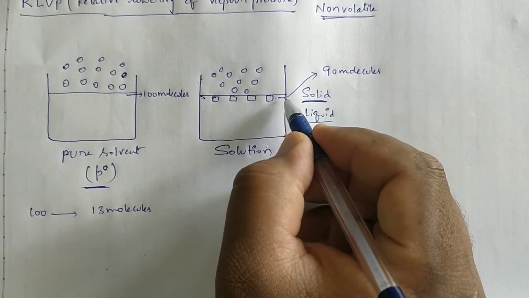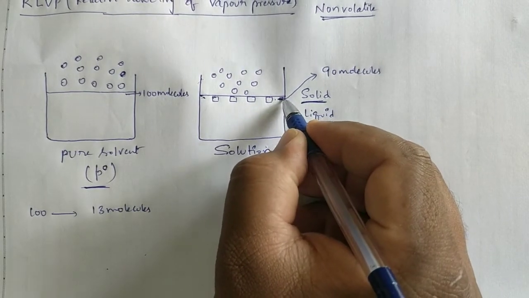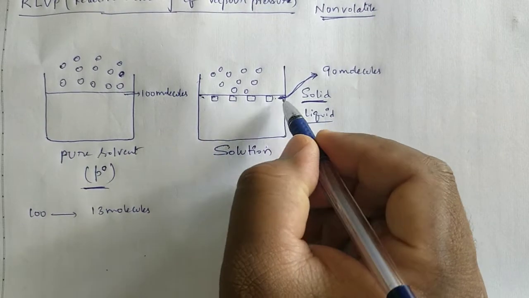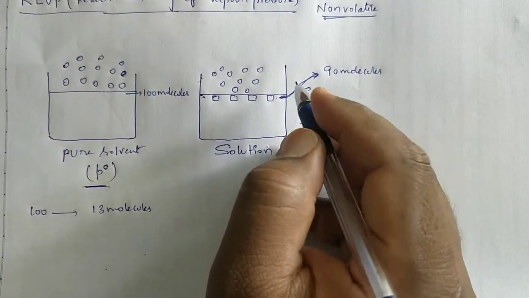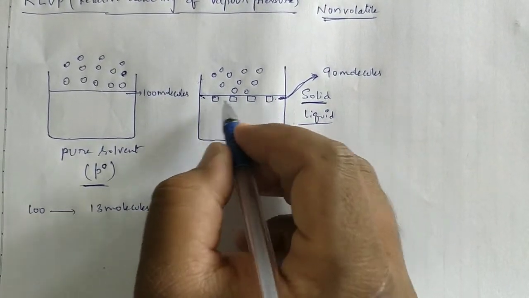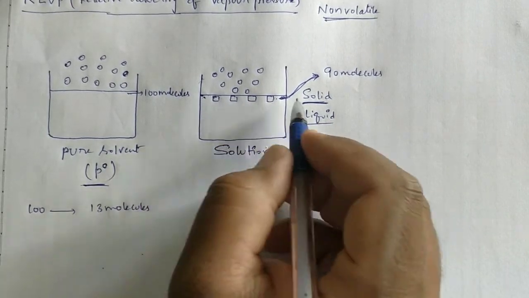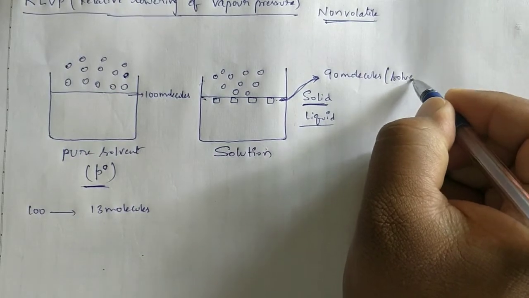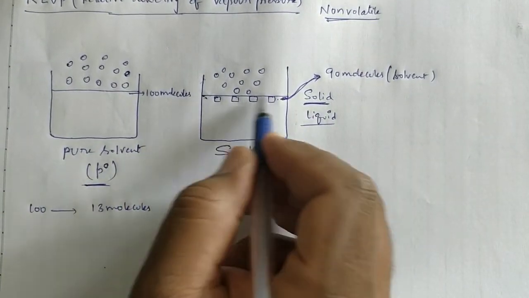But see here, how many solvent molecules are there? Solvent molecules are 90 because some positions are occupied by solute also. That's why the number of molecules present on the surface is decreased. The number of solvent molecules present on the surface is getting decreased because some positions are occupied by solid solute.